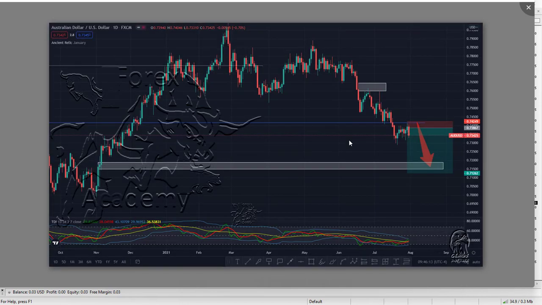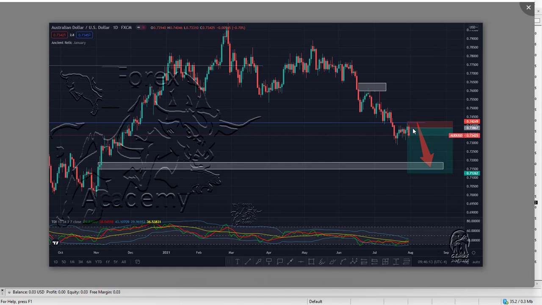This is my anticipation. On Friday I took this trade, guys, and I was stopped out twice, and then I left that trade because it was dealing with my emotions.